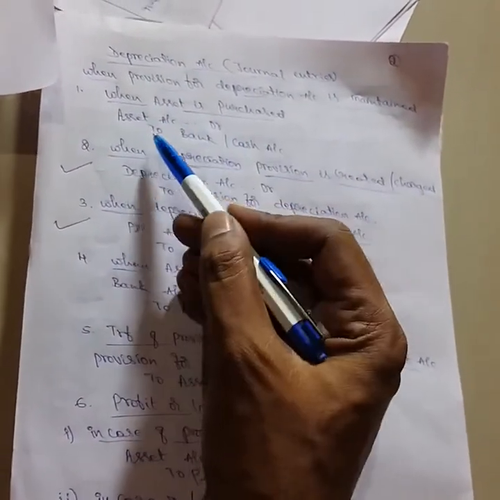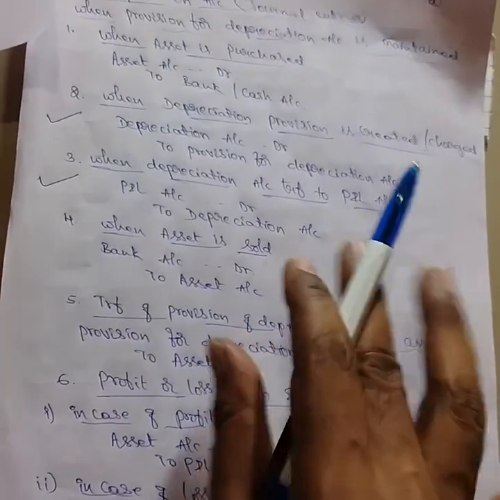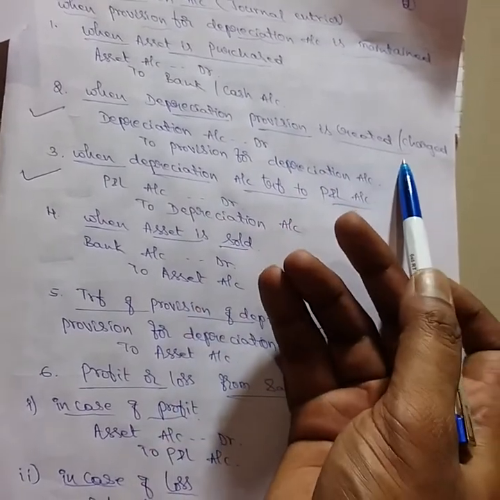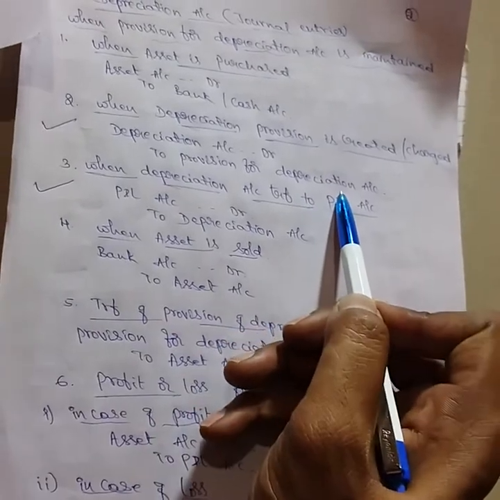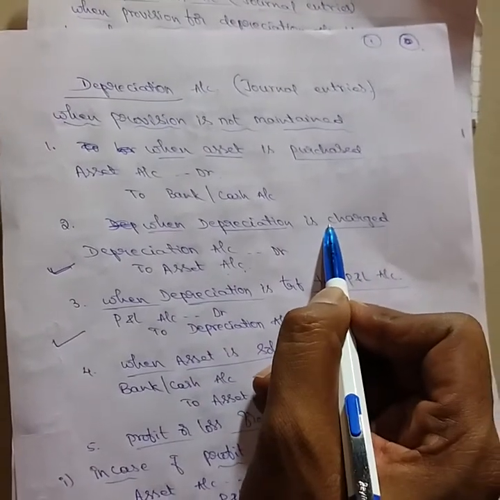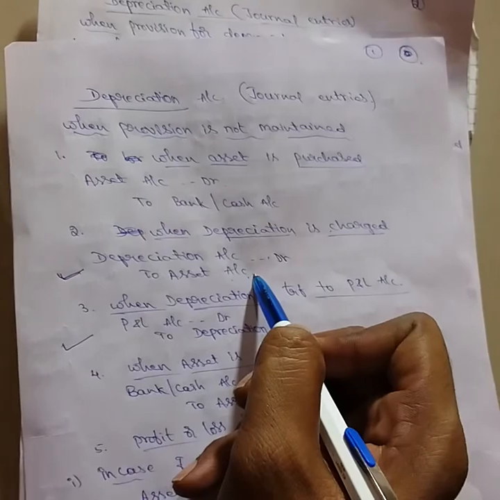When asset is purchased, same journal entry: asset account debit to cash or bank account. When depreciation or provision is created, journal entry: depreciation account debit, provision for depreciation account credit. The difference is here: when depreciation is charged, depreciation account debit, asset account was credited.